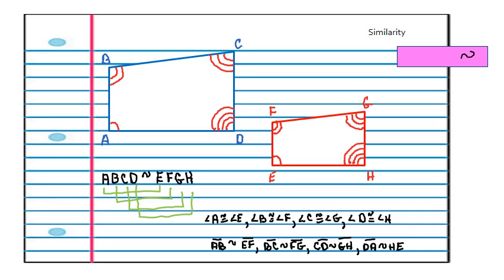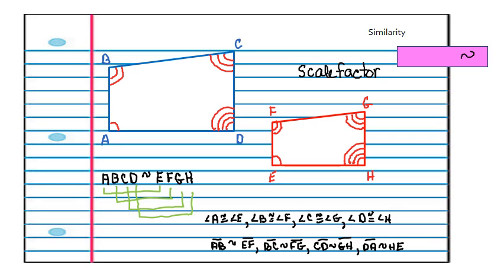Moving on along to the next slide here, I'm going to talk a little bit more about similarity. Similarity between two shapes, between two polygons. They can be everything from a triangle to a triangle, a quadrilateral to a quadrilateral, a hexagon to a hexagon. But what happens with similarity is that there is this scale factor happening here, that all the angles stay the same.